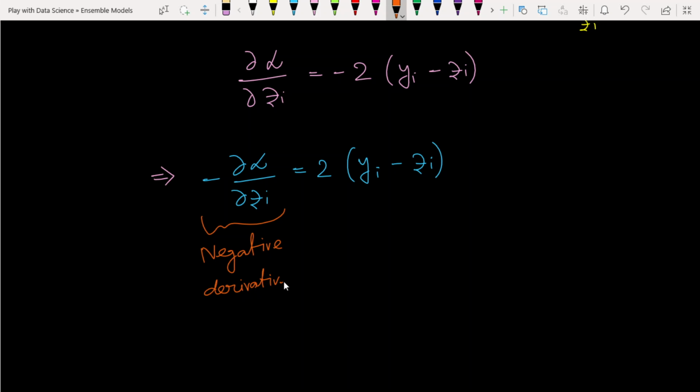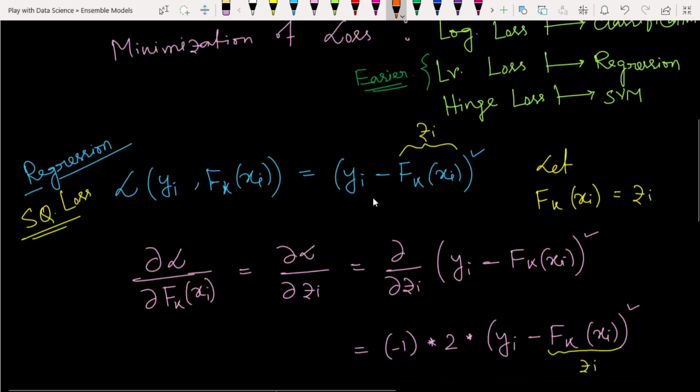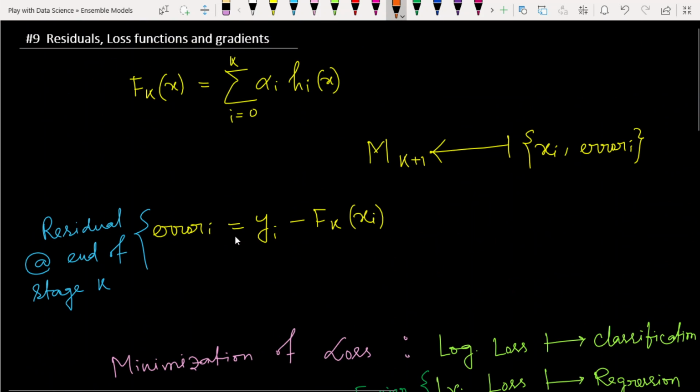This is simple, the negative derivative. And these things, yi minus zi, this is actually the residual error. We have already seen that this means residual error.